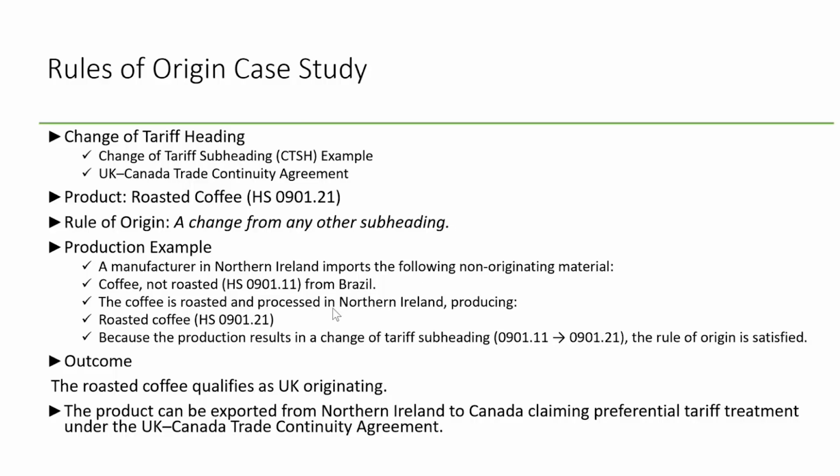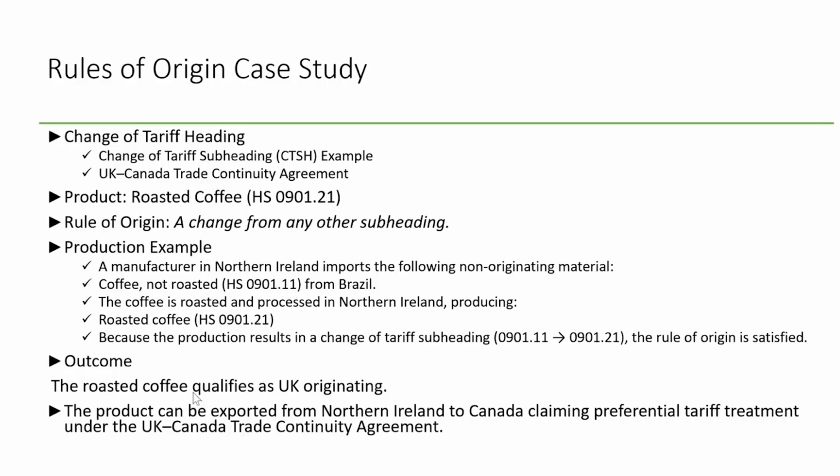So the roasted coffee is 090121, so that's the finished product. The raw material coming in from Brazil to make the coffee is 090111, right? So there's one difference of a digit. One digit is different in the first 6 digits, so therefore it's met that.